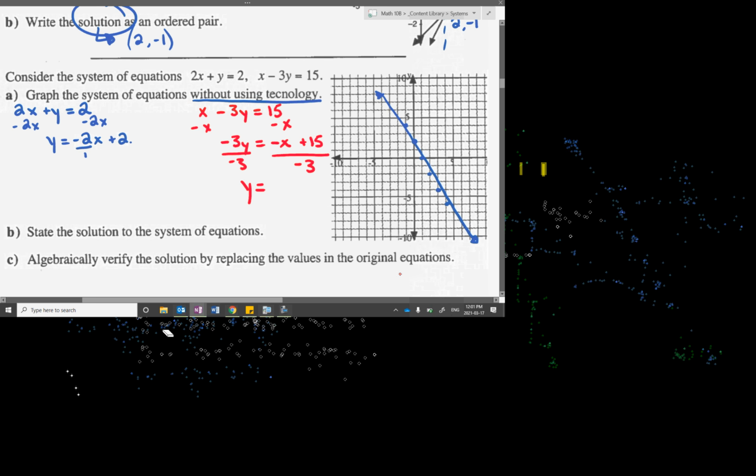My negatives cancel out on the first portion, so I get 1/3 x minus 5. So crosses at -5. My slope is 1/3, so I rise 1, I run 3. Or down 1 to the left 3.